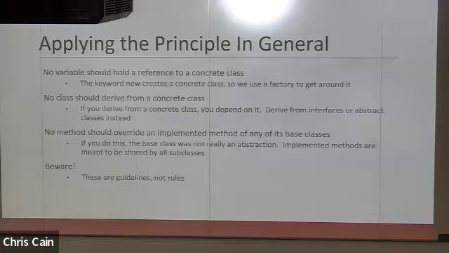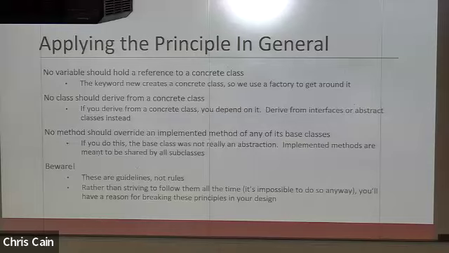It's always project dependent. You should not necessarily strive to follow these all of the time. It's going to be impossible to do so. But you want to have a reason to break them in your design. So these are the general guidelines. If you need to break them, it's because of something specific, but you've thought about it. That's the most important thing, that you've thought about why you're breaking these rules.